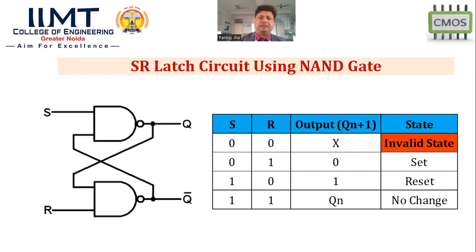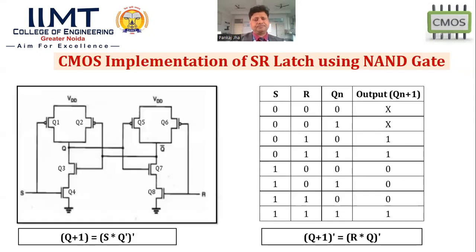This NAND gate latch can also be implemented using CMOS design. Okay, so here you can see we have Qn plus 1 bar equals R dot Q, and Qn plus 1 equals S into Q bar. Look, this Q bar is connected with transistors Q3 and Q4.